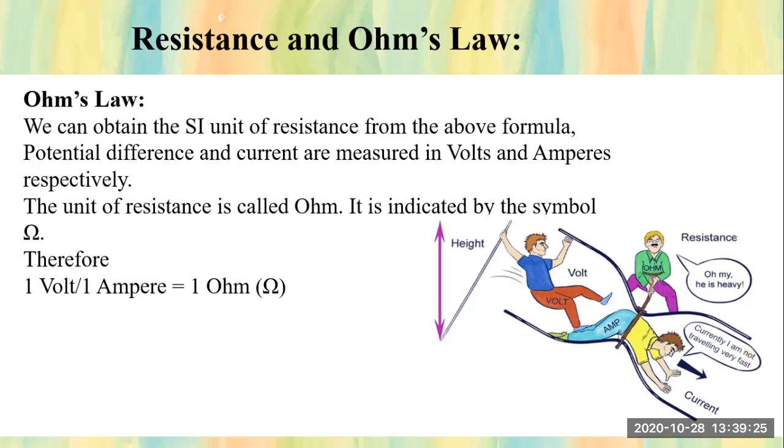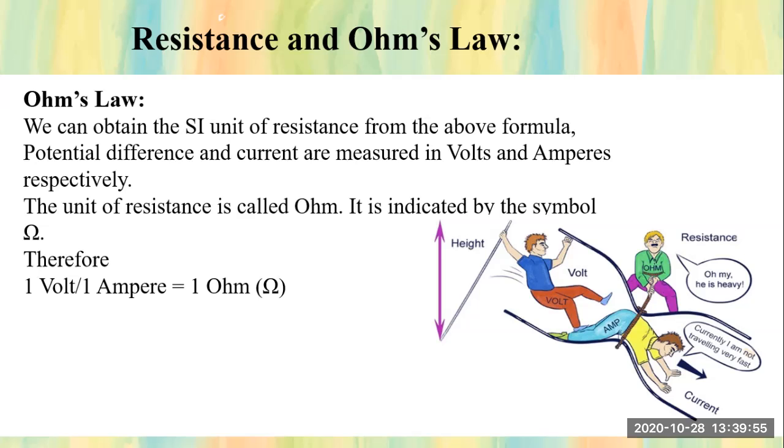Now see here very nicely, to explain resistance this picture is shown. This is a height. Can you see the height? This man with a blue shirt and brown pant is shown as volt. Volt is nothing but potential difference. Yesterday also sir told you that current always flows from higher potential to lower potential.